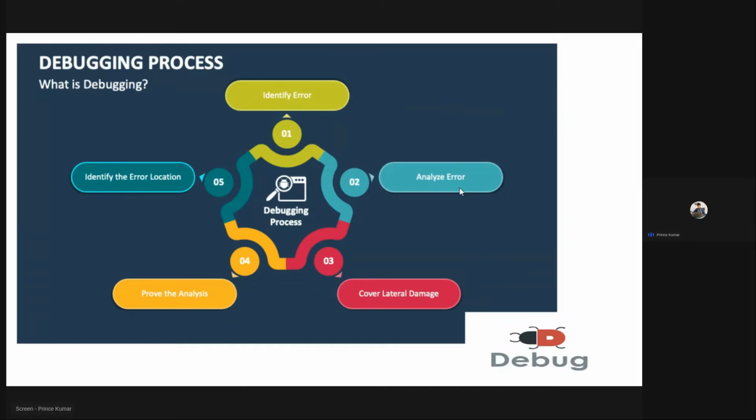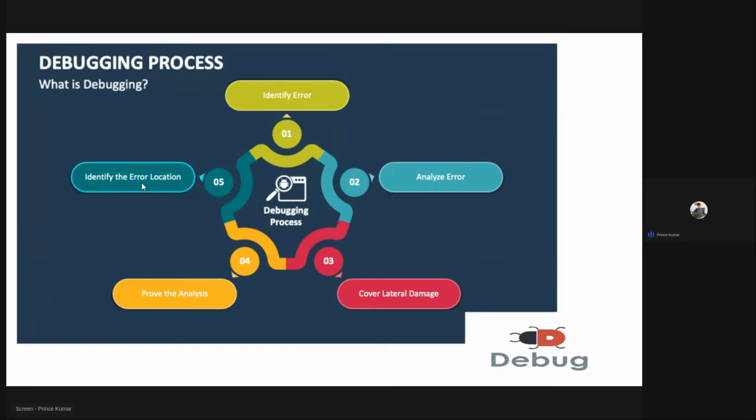We can also find where the damage is and where the functionality is breaking, and test each and everything with the help of debugging. Fourth is to prove the analysis: whatever issues and problems you are facing, you can easily explain to other people.